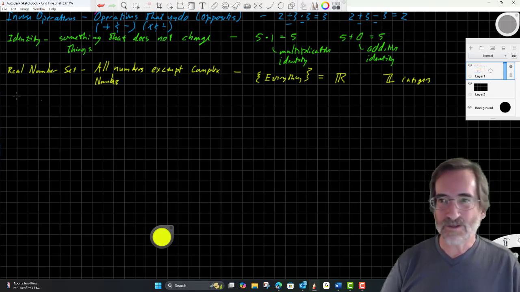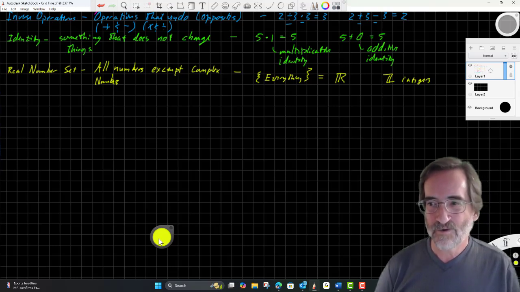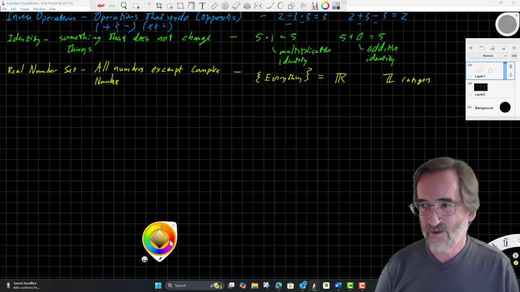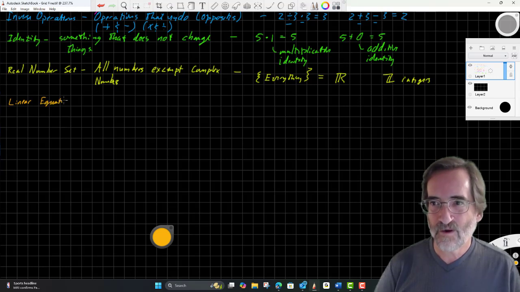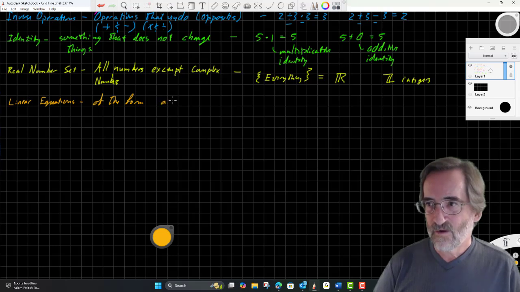Linear equations of the form ax plus b equals 0.